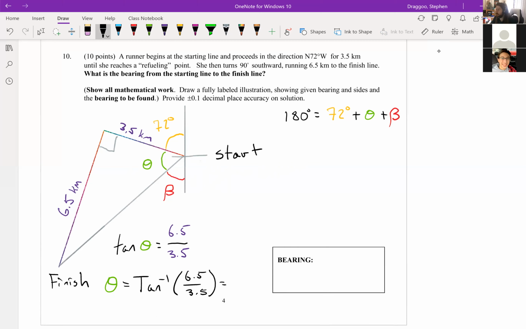So we'll take that to our calculator. Arctan of 6.5 over 3.5. And that comes out pretty cleanly to 61.7 degrees.